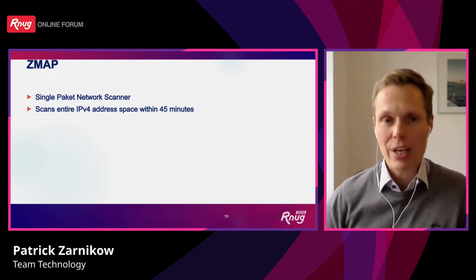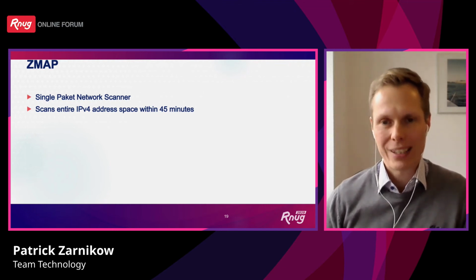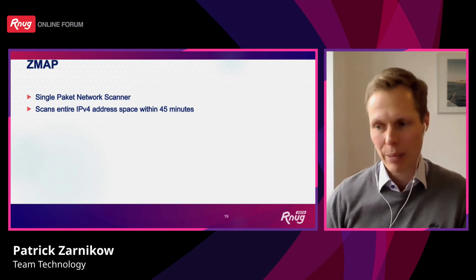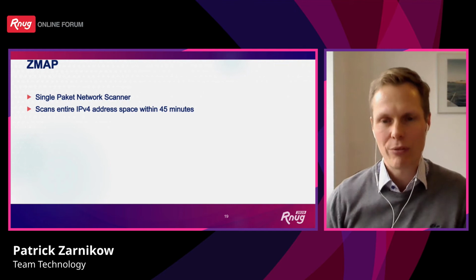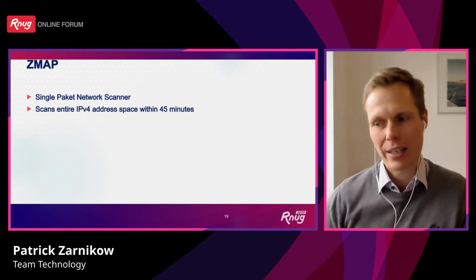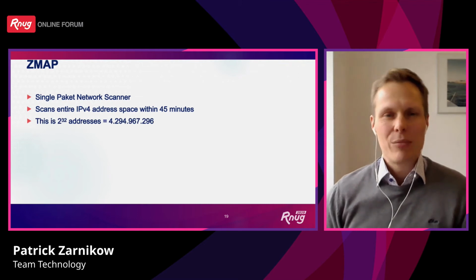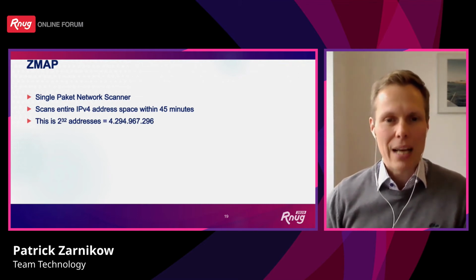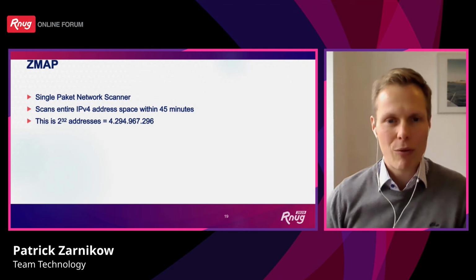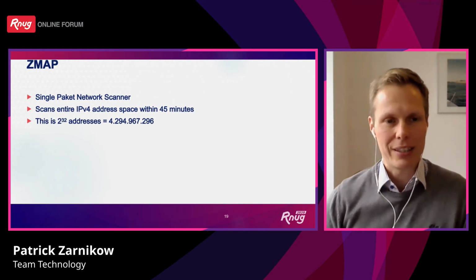So every IP version 4 address that is out there can be scanned within a very, very short time. You can even reduce this to 5 minutes if you have a 10 gigabit internet connection. So this is a number of addresses where we have 4,294,000,000 addresses out there.